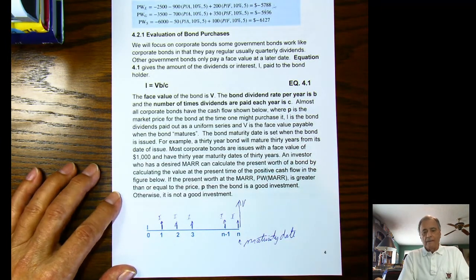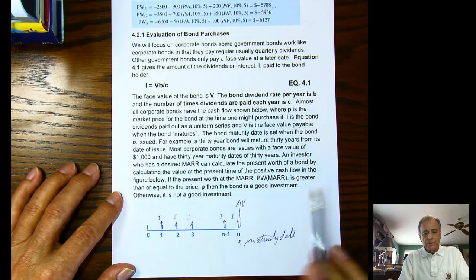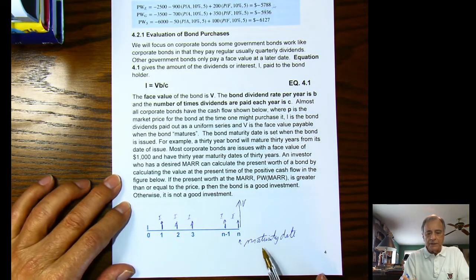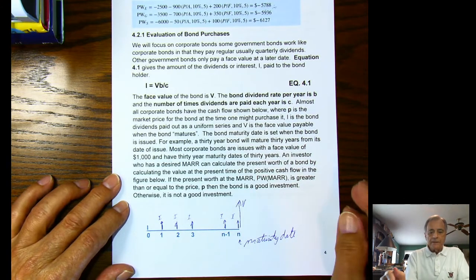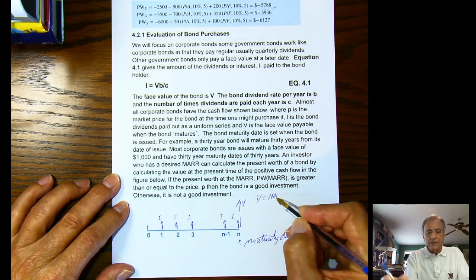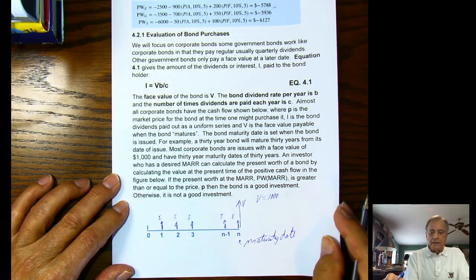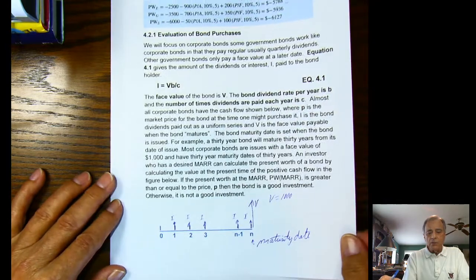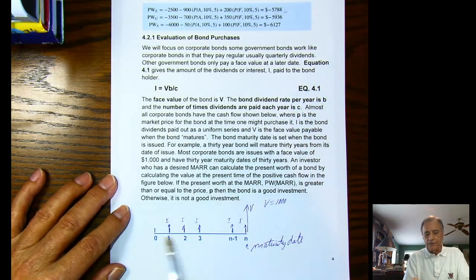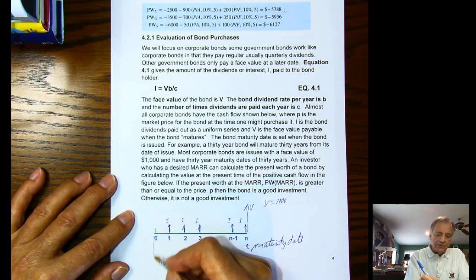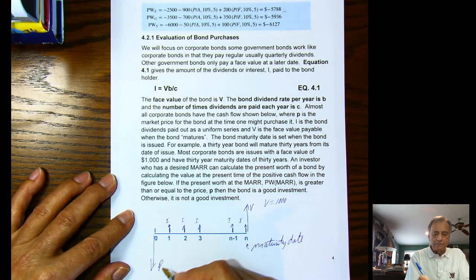Now, we're going to use this to do a specific bond. This particular bond that we're going to look at has a face value of $1,000. And in the next example, it will have, well, I'll wait and go to that example. First of all, there's one other element of this cash flow that I've left out, and that's how much you pay for the bond, which is the price.